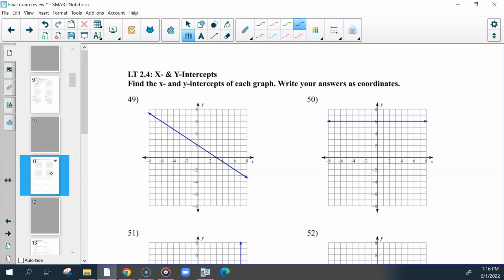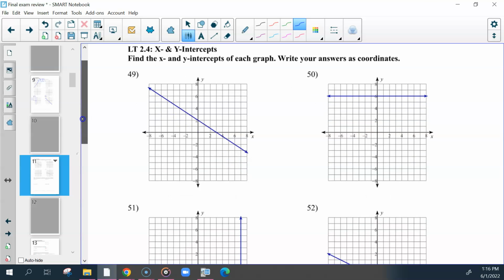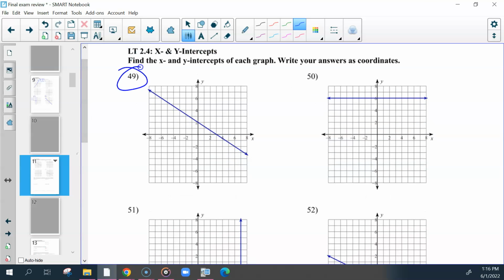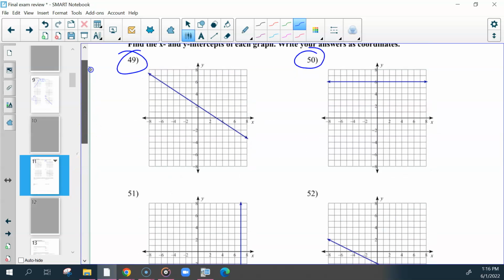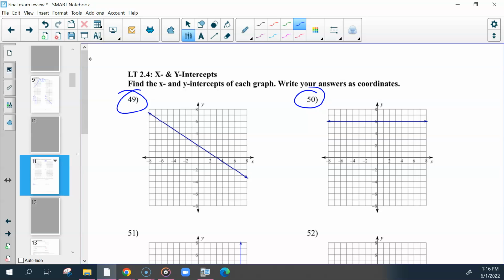If not, go on to the next page. Intercept is the last objective in Unit 2A. So starting with 49, we're looking for the x and y intercepts, and when we find them, we're going to write them as ordered pairs.